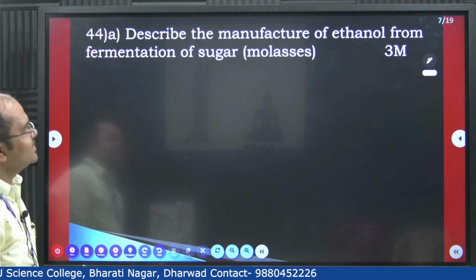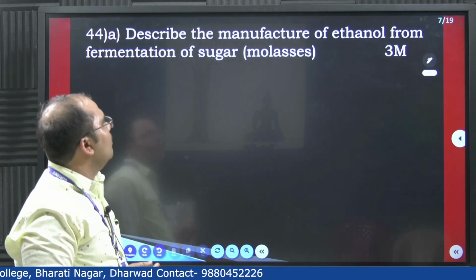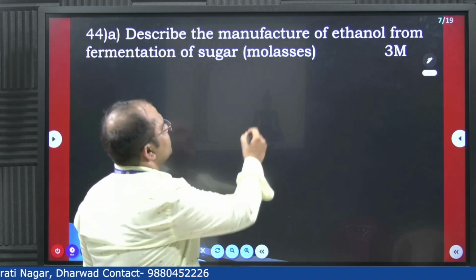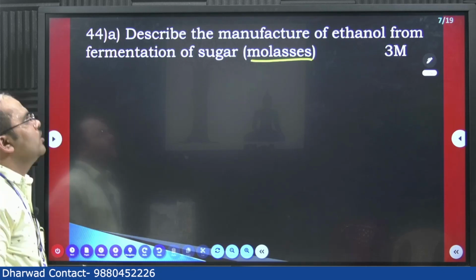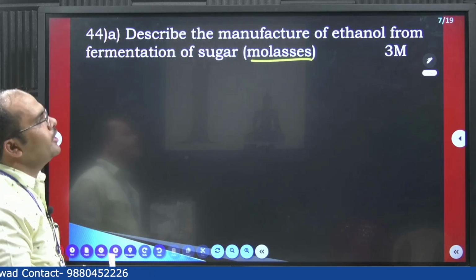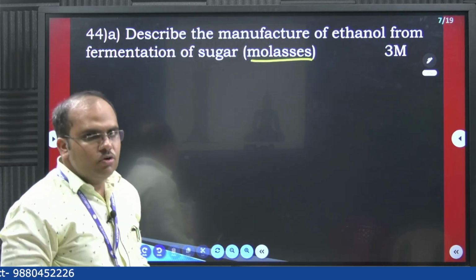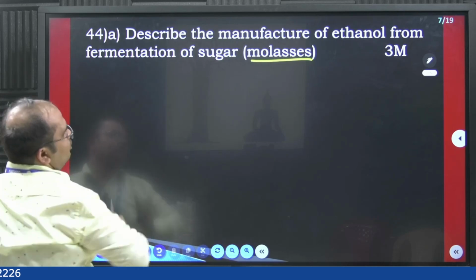Next, describe the manufacture of ethanol from fermentation of sugar, that is considered as molasses. So by the molasses, how are you going to manufacture the ethanol? First, the concentration of the sugar, then the fermentation of sugar.